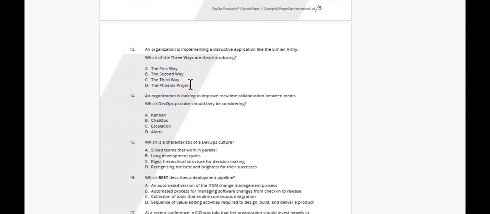Okay, so the Phoenix Project in and of itself is not the three ways, even though it outlines what they are. So D is not an answer. It's probably more implementing an application. So it doesn't really have to do with flow. It can have to do with feedback. It can have to do with improvement. I'd probably pick C, 13. C is correct. Yeah, it's an improvement.